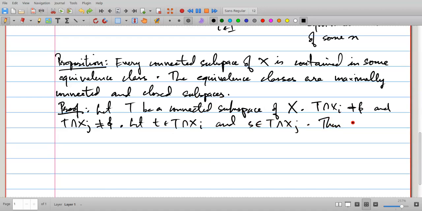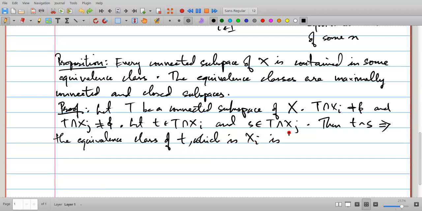Then t is equivalent to s, as capital T is the connected subset which contains both s and t. So this will imply that the equivalence class of t, which is Xi, is the same as the equivalence class of s, which is Xj.